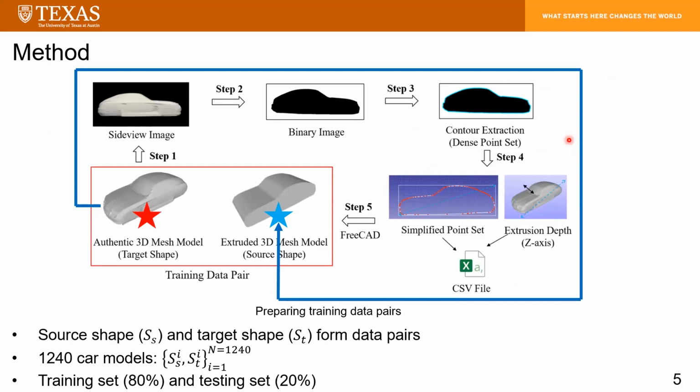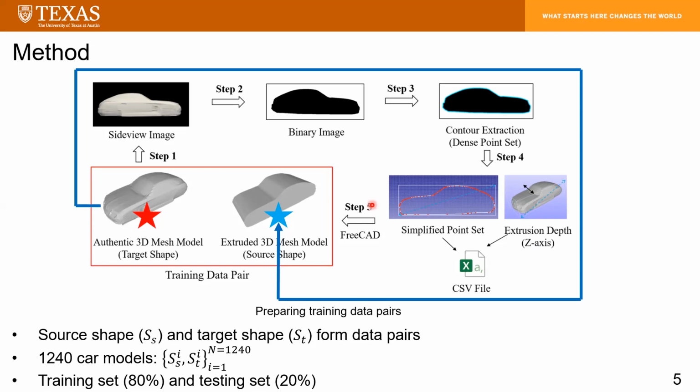Starting from the red star, which is the original authentic model, we first extract its contour here, and then we extrude the contour to the 3D extruded shape. The original 3D shape and the extruded 3D shape form one data pair, and we call them target shape and source shape respectively. This process is done for all 3D shapes that we got in the open source data set.